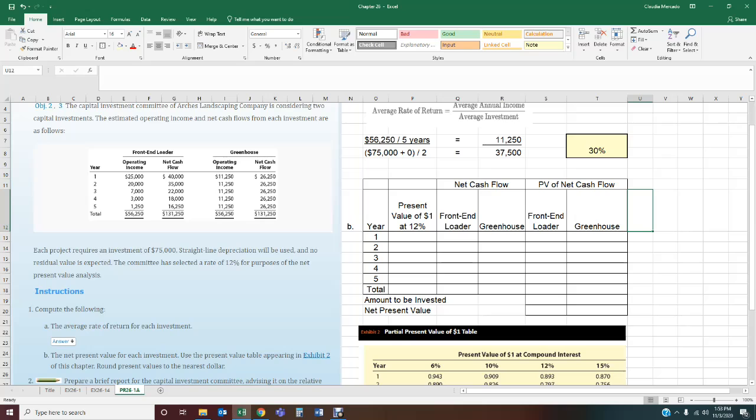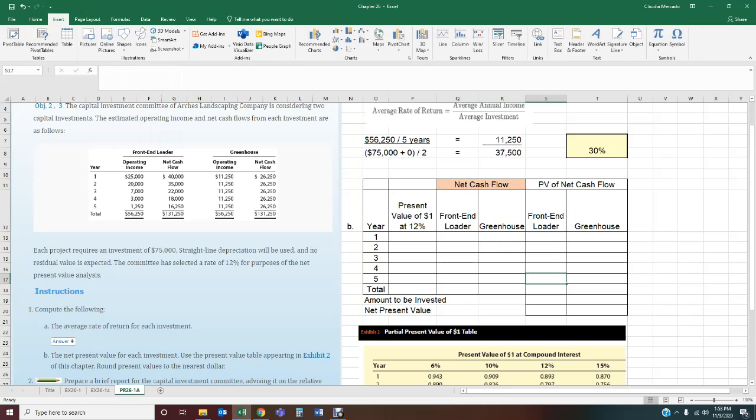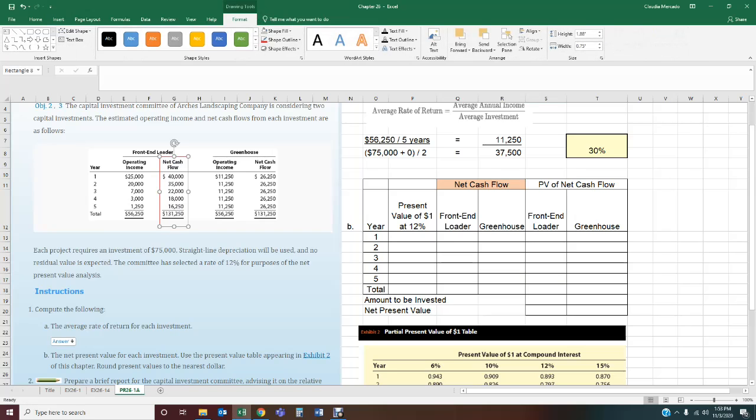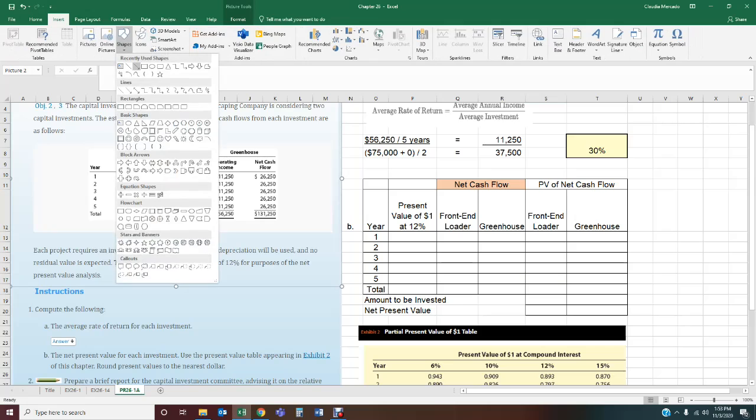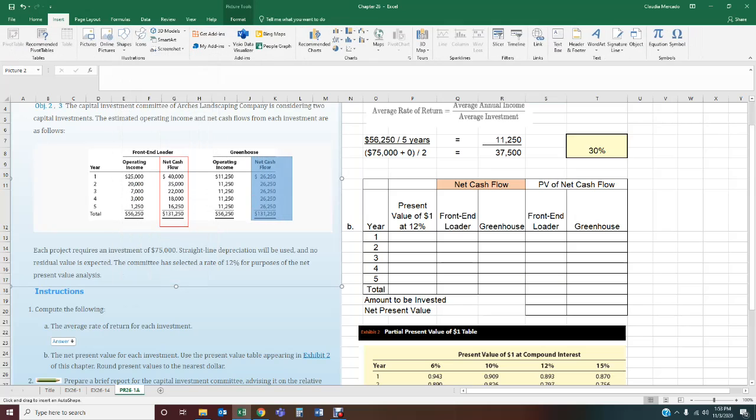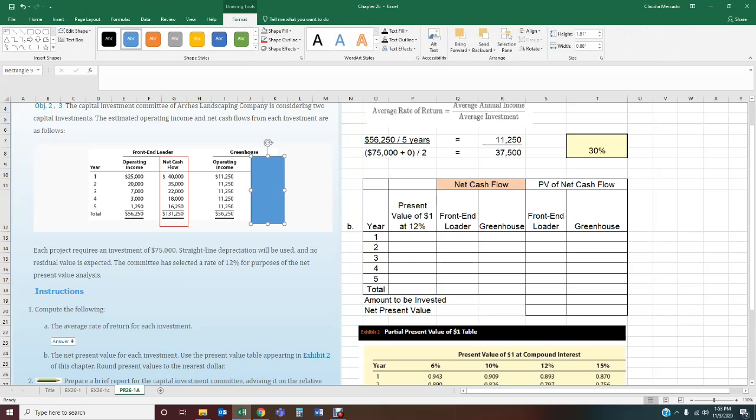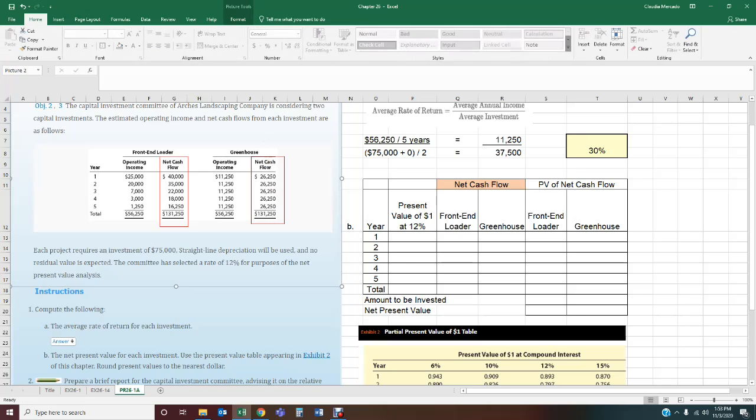Okay? Do we know our cash flows? Okay? Well, yes, we do. We know our cash flows because it's provided. Okay? Cash flows for my loader are right there. And then we have our cash flows for our greenhouse right here. So we've got our cash flows provided.